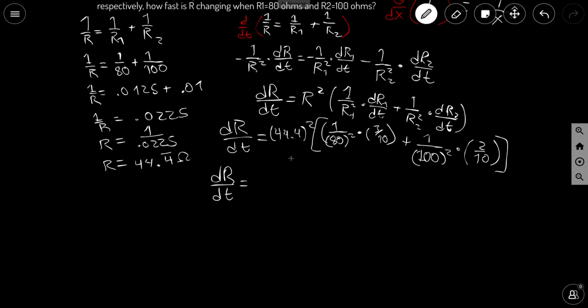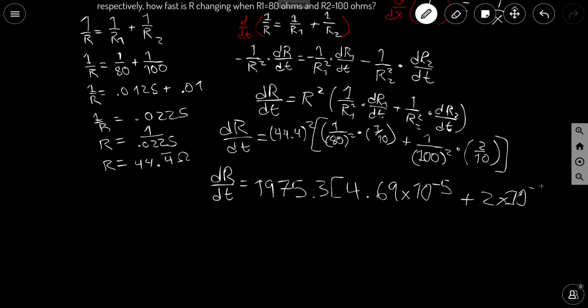So 44.4 squared is 1,975.3. And once you plug this into your calculator, 1 over 80 squared times 3/10, you're going to get 4.69 times 10 to the negative fifth, plus 2 times 10 to the negative 5.